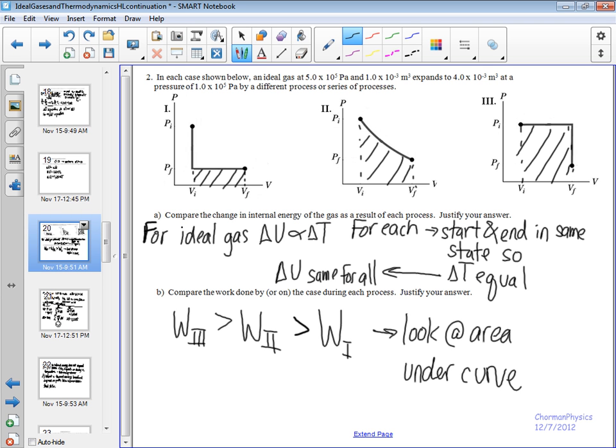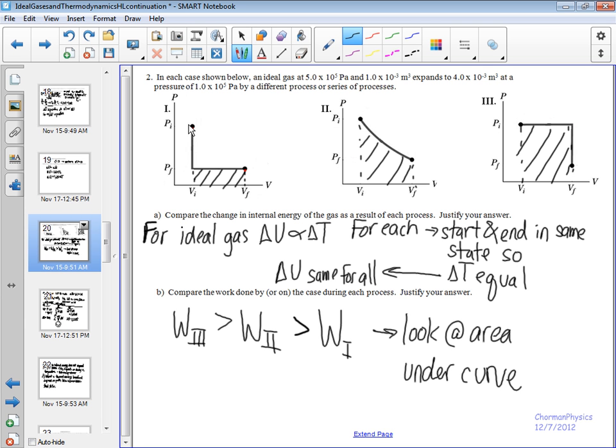So let's look at the work done and the change in internal energy for all of them. If all 3 start at Pi and Vi and end at Pf and Vf, the same state, and we want to compare the change of internal energy for each process, it's going to be the same for all.